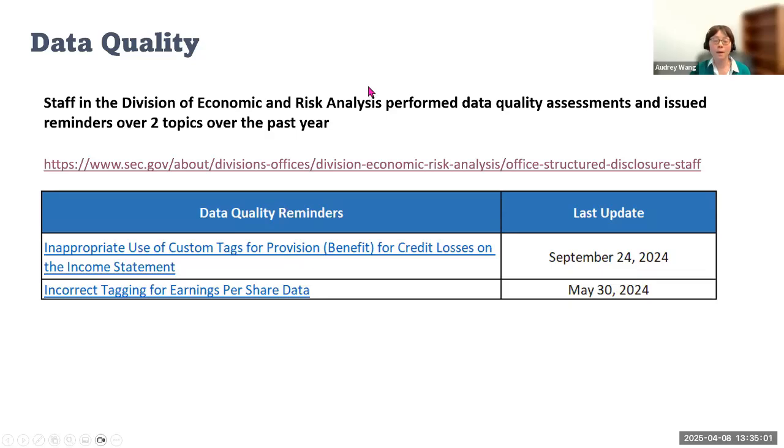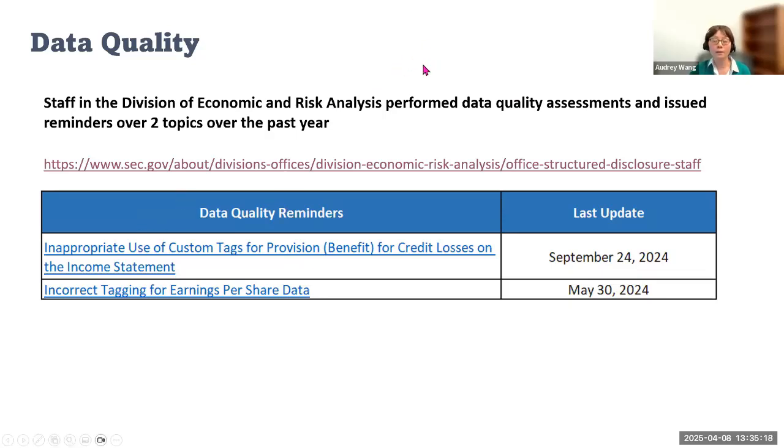The other data quality reminder is related to the incorrect tagging for earnings per share data. When the amount of basic and diluted EPS is the same, filers may choose to present that amount once with an appropriate label such as basic and diluted EPS.